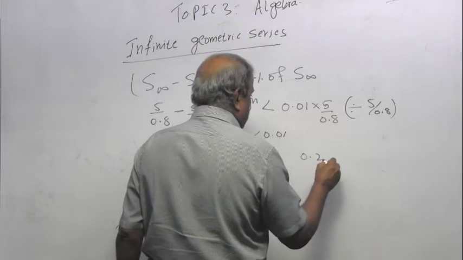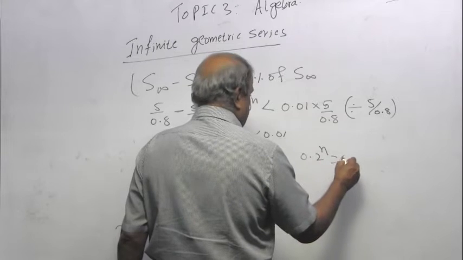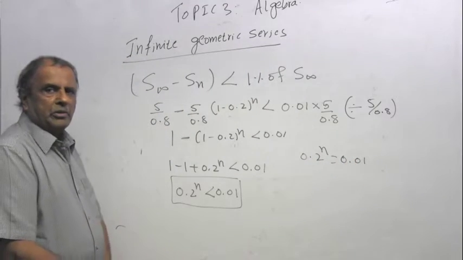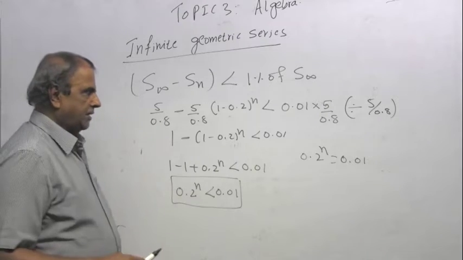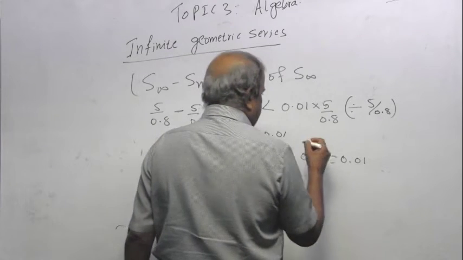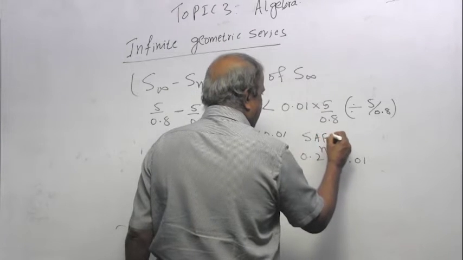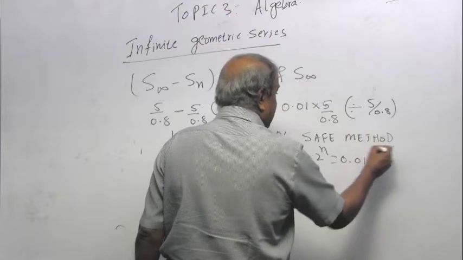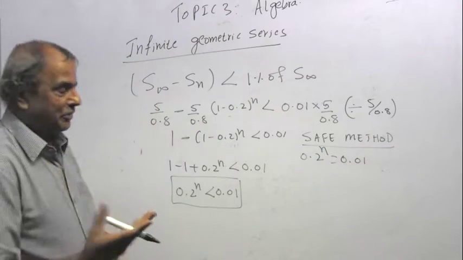So 0.2 power n equal to 0.01. Why am I doing it that way? I'll show you very shortly. Let me do it this method. This is called a safe method.